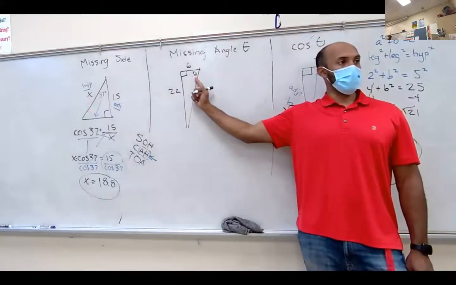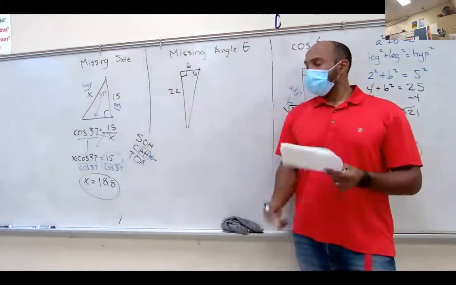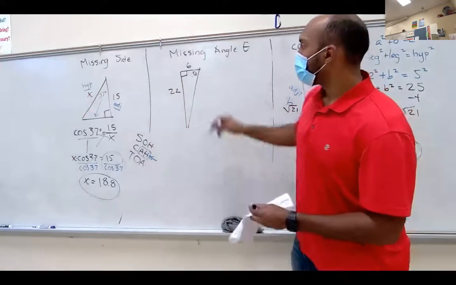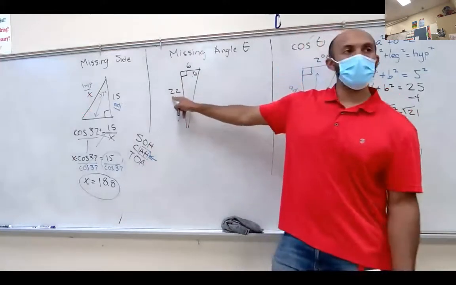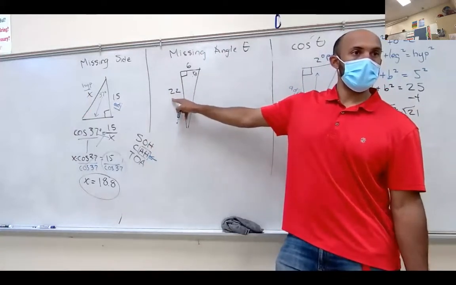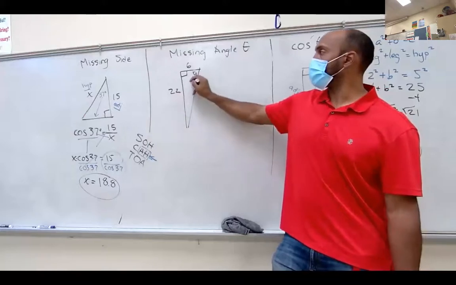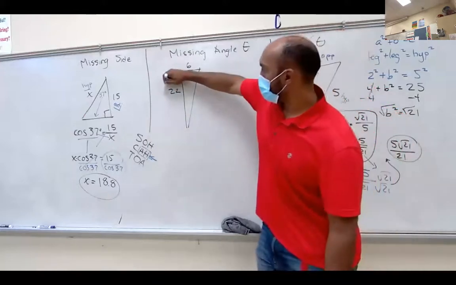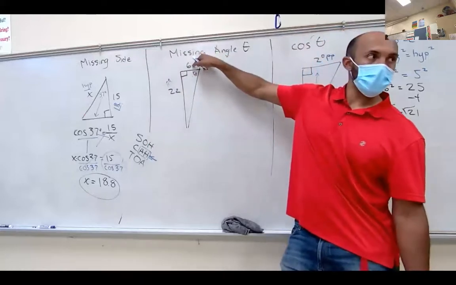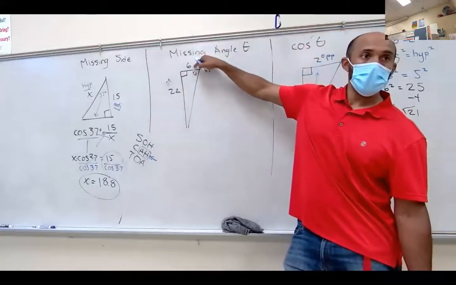That's the problem. All right. So first we got to decide, what do we have? Well, this side 22, is that adjacent or is it opposite? Opposite. Straight across. And then the 6, is that the hypotenuse or is that adjacent? Adjacent. It's adjacent.